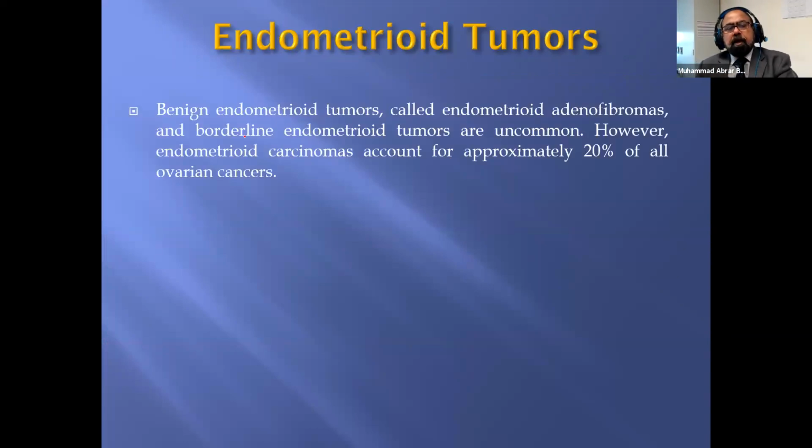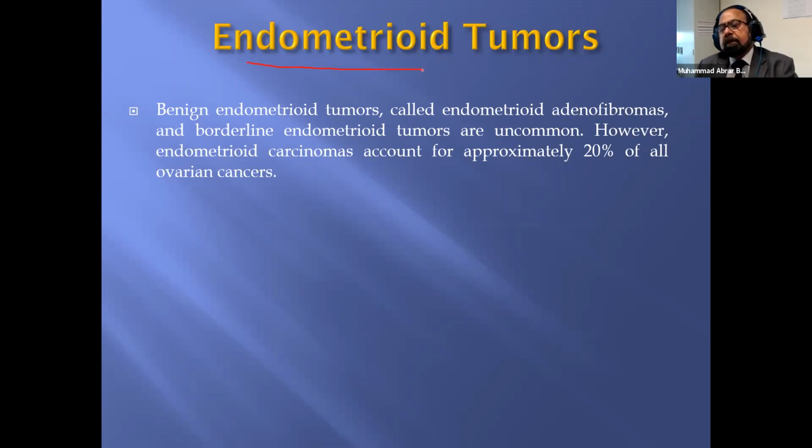Okay. Then endometrioid tumors: the benign endometrioid tumor, called endometrioid adenofibroma, or borderline endometrioid tumors are uncommon. However, endometrioid carcinoma accounts for about 20% of all ovarian cancer. As I mentioned, benign and borderline forms are not commonly seen in endometrioid. And why do we call it endometrioid?